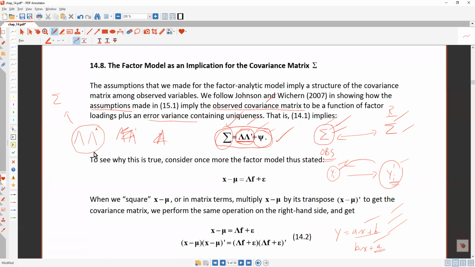Now look at this really carefully. These are loadings, but they're not applied to anything. Where are the variables? Where are the observed variables in here? There are none. All we have are loadings.